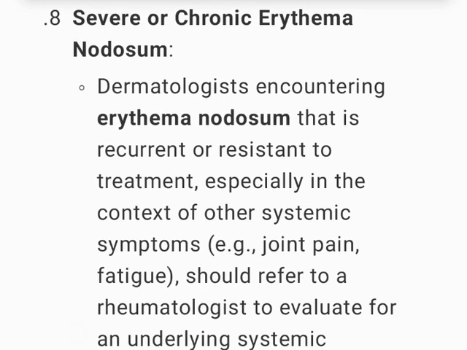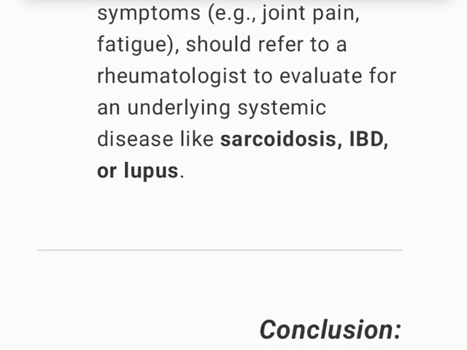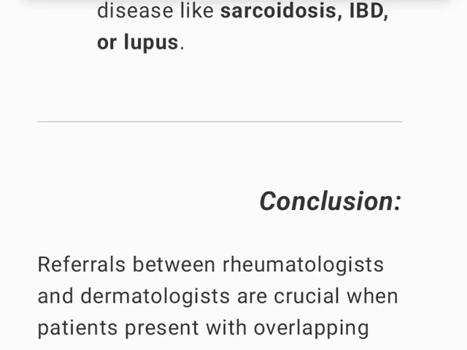Severe or chronic erythema nodosum. Dermatologists encountering erythema nodosum that is recurrent or resistant to treatment, especially in the context of other systemic symptoms, e.g., joint pain, fatigue, should refer to a rheumatologist to evaluate for an underlying systemic disease like sarcoidosis, IBD, or lupus.